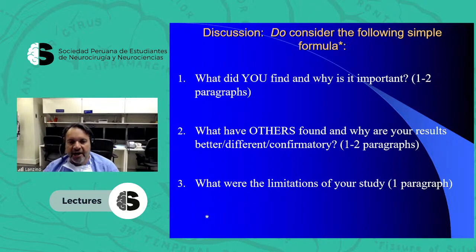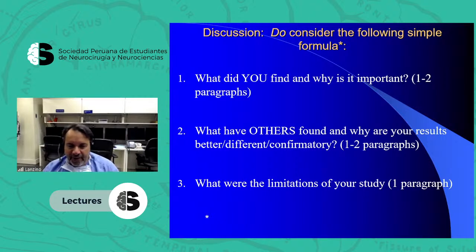For example, if you say the main limitation of our study is that it's a single center study, and thus any single center study suffers from referral bias, then you can mitigate by saying, nevertheless, it provides a snapshot of contemporary management because we really focused on the last 10 years.